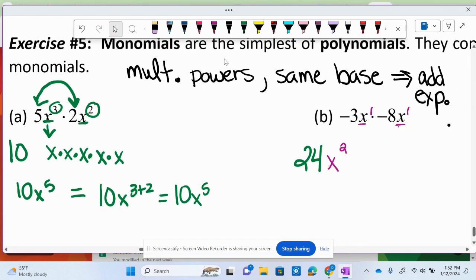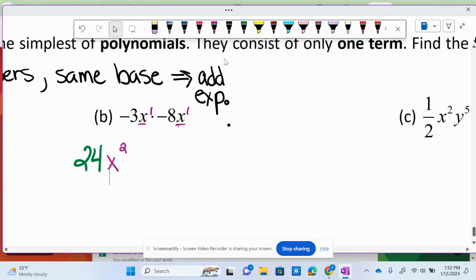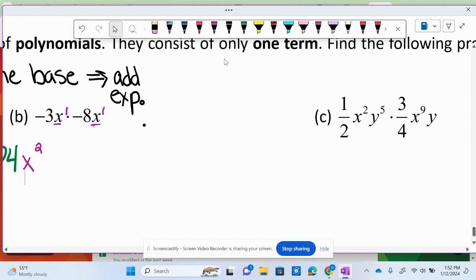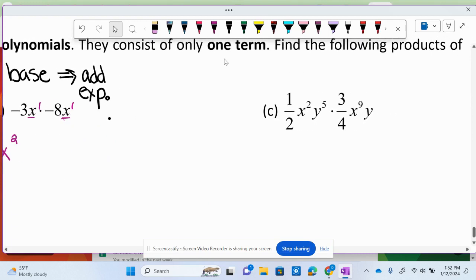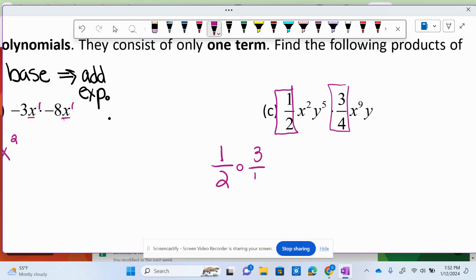Okay. What about this one? That is pretty tricky. So let's multiply the constants first, or the coefficients. Let's see. 1/2 times 3/4. How do you multiply fractions? Just go straight across. 1 times 3 is, 2 times 4 is, perfect. So 3/8. So let's use the rule.